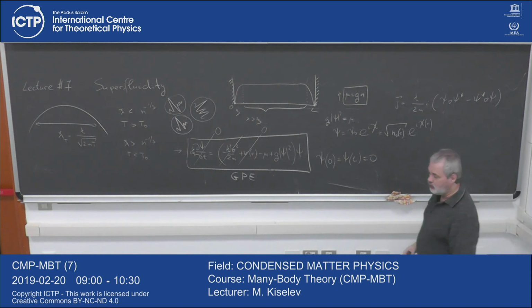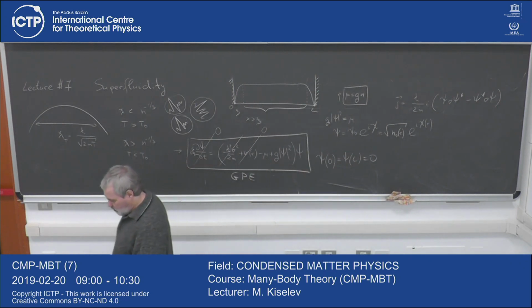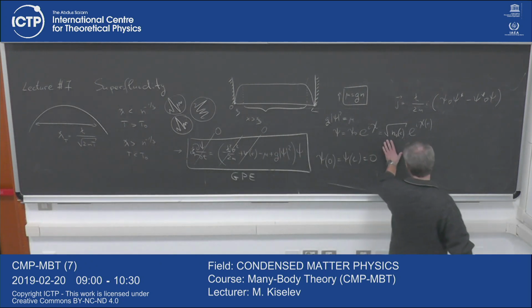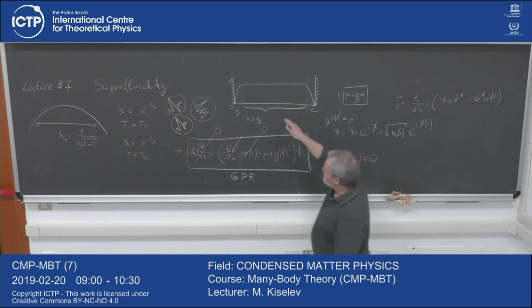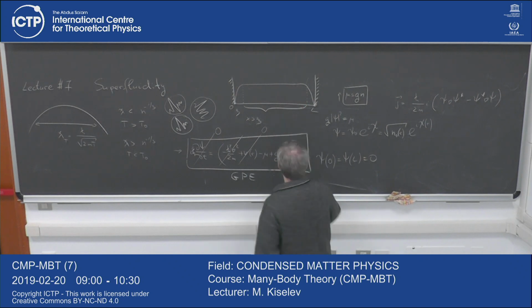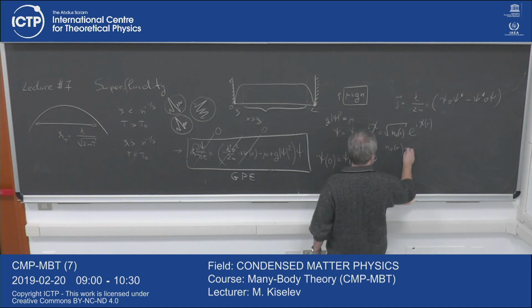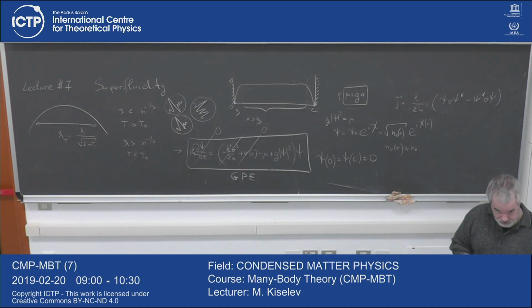So if we allow small fluctuations and deviations of the density and small variations of the phase, then both modulus and phase should be assumed dependent on the coordinate. However, I said that I'm dealing with a uniform solution. And in the first approximation, I will say that n node of r is approximately equal to a constant n node. So I will ignore the coordinate dependence of the condensate.